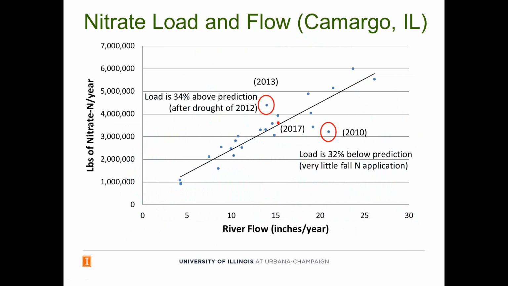So maybe conservation efforts are offset by increased tile drainage, or the other thing we could suggest is improved efficiency, meaning we're getting higher yields with the same amount of N applied. You would think that would show up over time, and maybe the tile drainage installations are masking that improvement in efficiency. But nonetheless, 2017 fell right on the line.